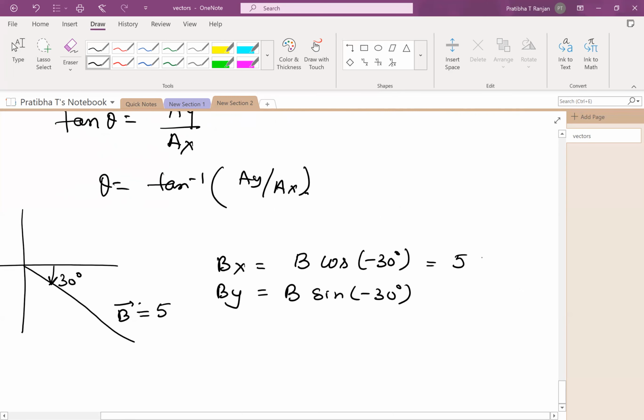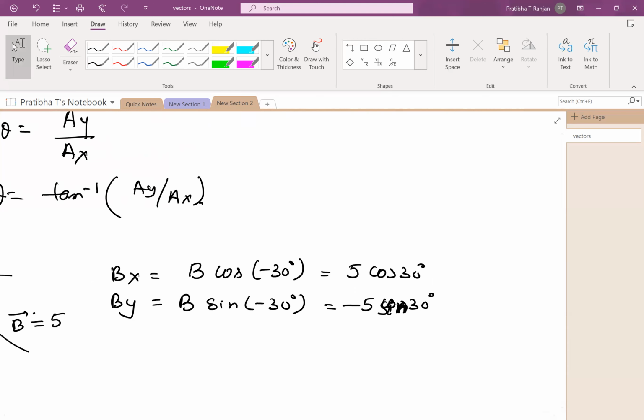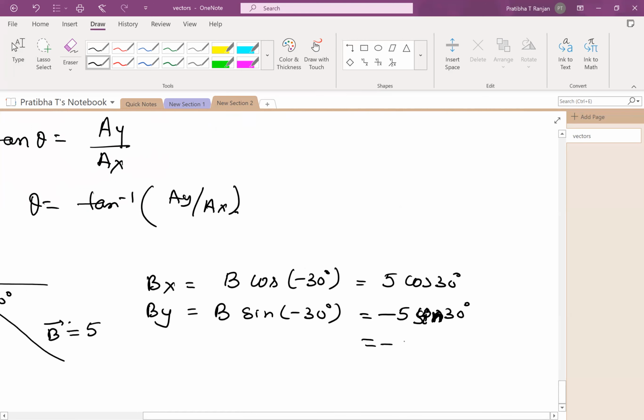So it will simply be 5 cos 30, and this will be negative 5 sin 30, right? Because of odd and even functions. Now you can find it easily. This will be your negative 2.5, and this will be your 2.5 root 3. Now you need to find the B resultant.